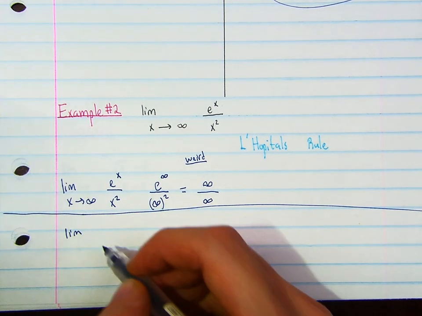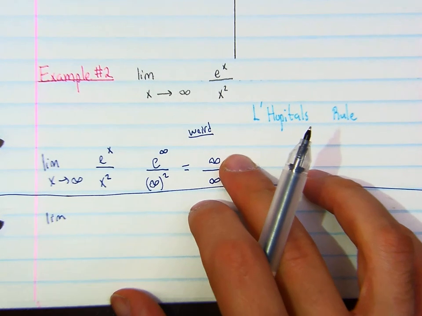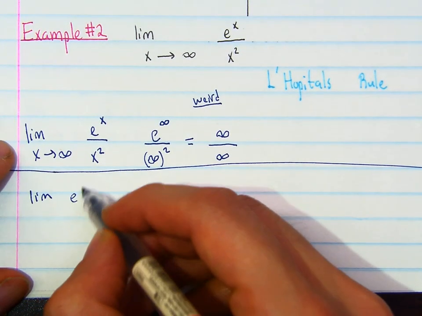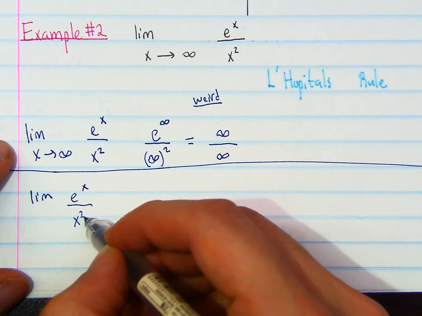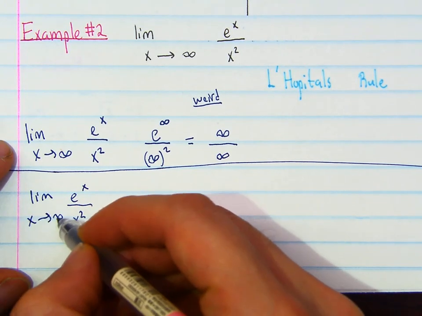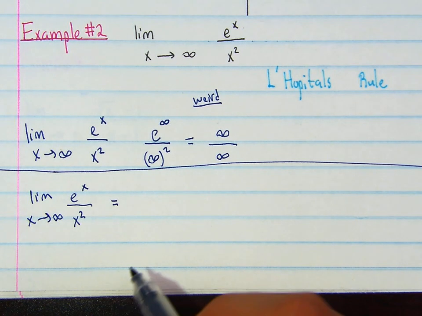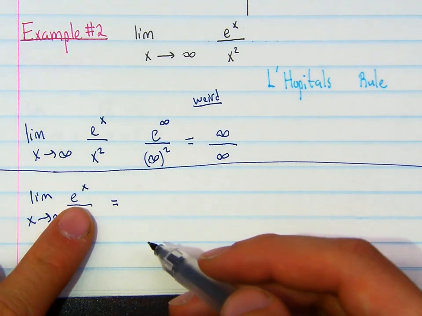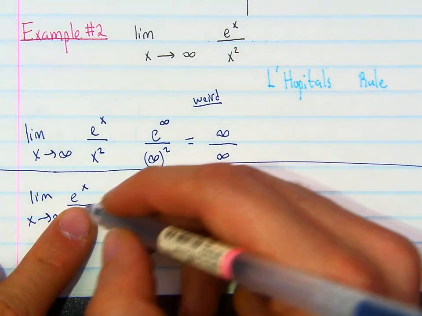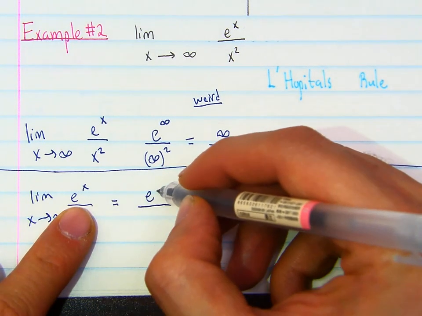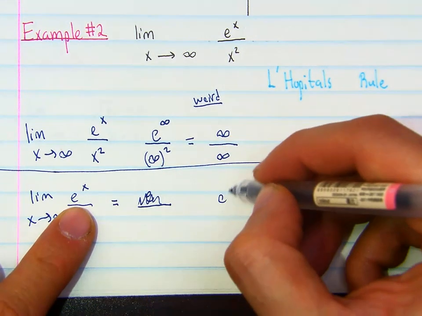So the limit, let me zoom in. Okay, that's better. The limit of e to the x over x squared as x approaches infinity is the same as, well, let's take the derivative of the top. What is the derivative of e to the x? Pause the video and try to remember, look in your notes. The derivative of e to the x is e to the x.